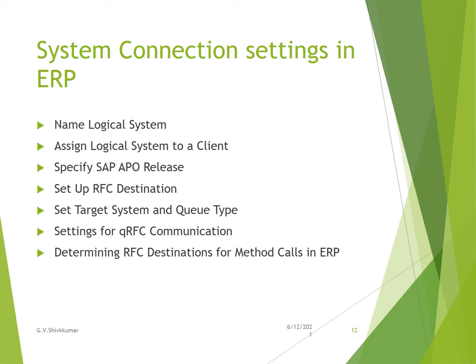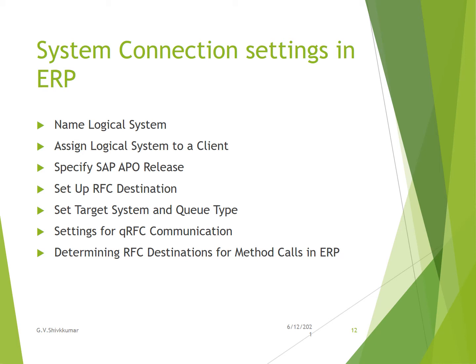Normally, basis and functional team will coordinate with each other. Once basis completes the RFCs and everything, the functional team can coordinate with the basis. For setting the RFC destinations and everything, sometimes the technical team can also work with basis.